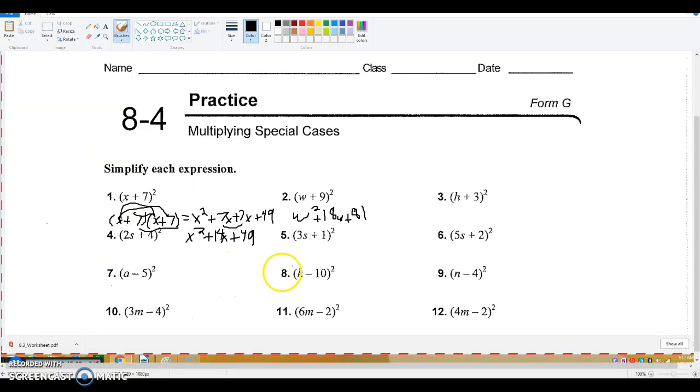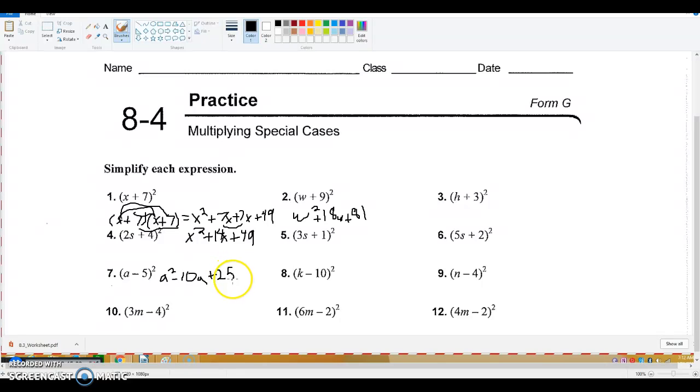So all of these can be done like that, whether it's a positive or a negative. Here we have a negative binomial. So we say a squared, and then a times minus 5 is minus 5a, times 2 is minus 10a. And then square the last term, 5 times 5 is 25.